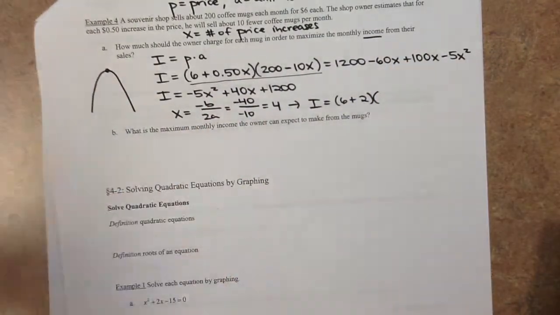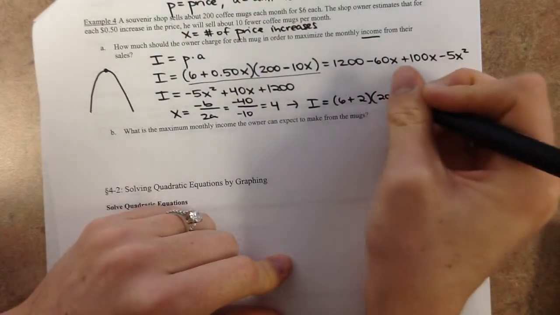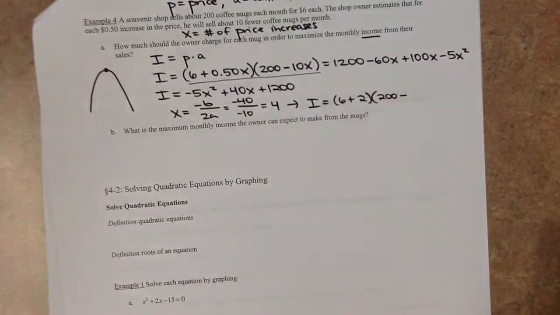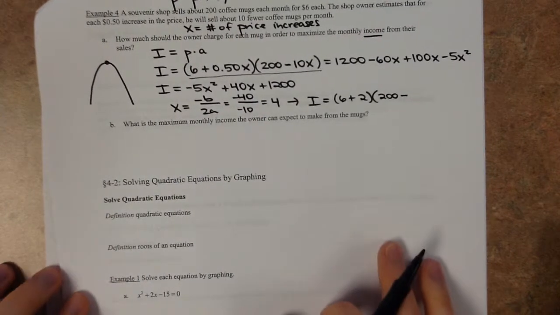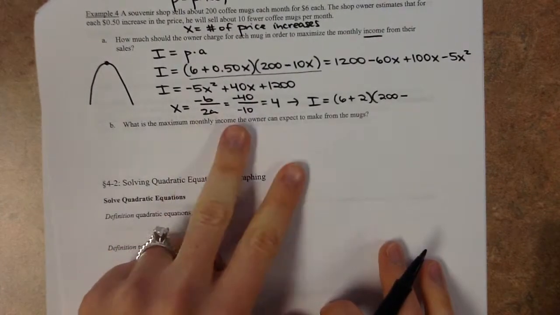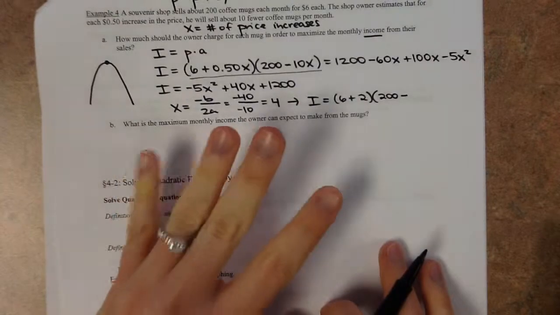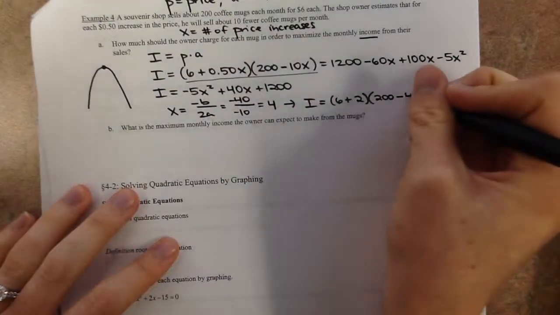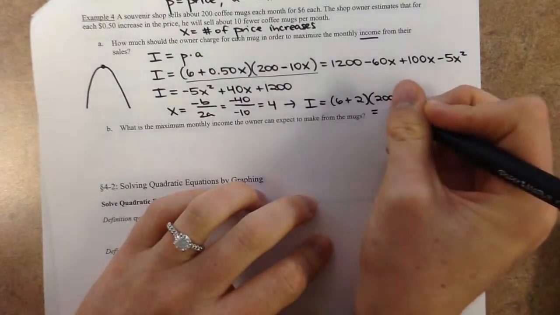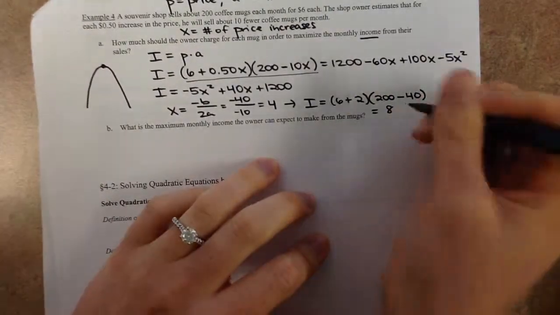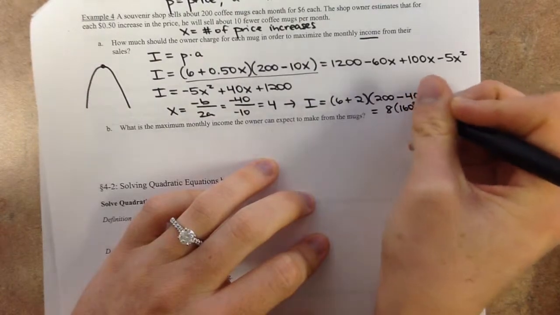And then he started by selling 200 of them, but then every time he went up a price, he lost 10 mugs per month. So he lost 10 mugs, 20 mugs, 30 mugs, 40 mugs. So we're going to subtract 40. So he is selling them for $8 a piece, and he is selling 160 of them.